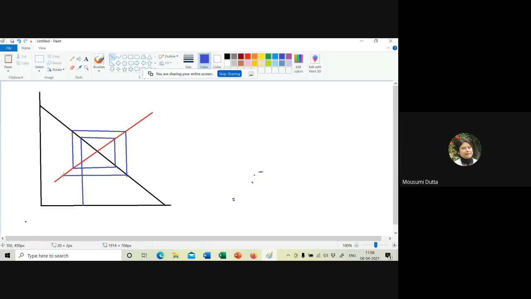So it will move on like this. I'm not making more movement. I'm stopping here and putting an arrow. And as I mentioned, you can put arrows.